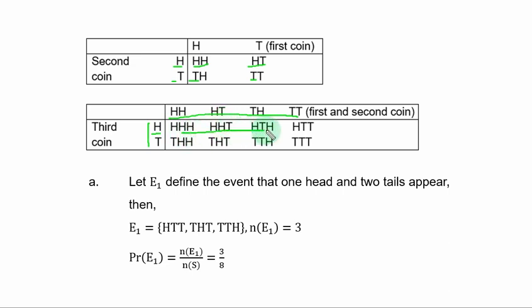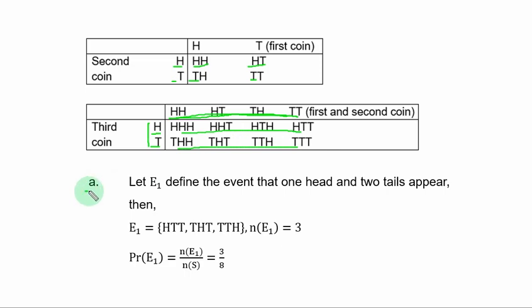You have these outcomes. You take the second side of the third coin and pair it with all the outcomes from the first and second coin, and you have these outcomes. When you put all together, you have the sample space.